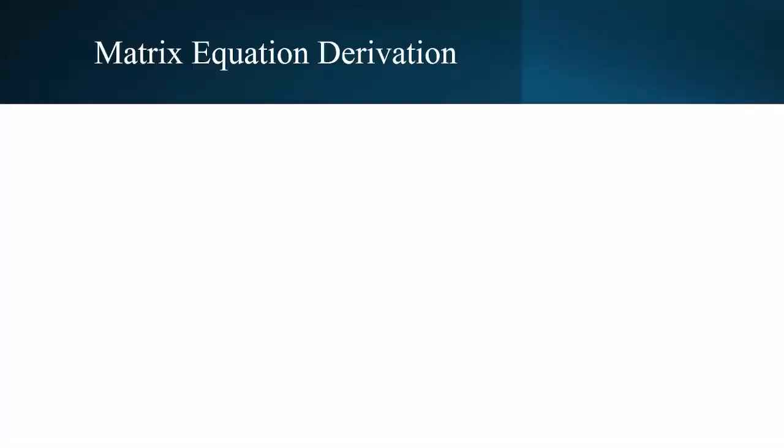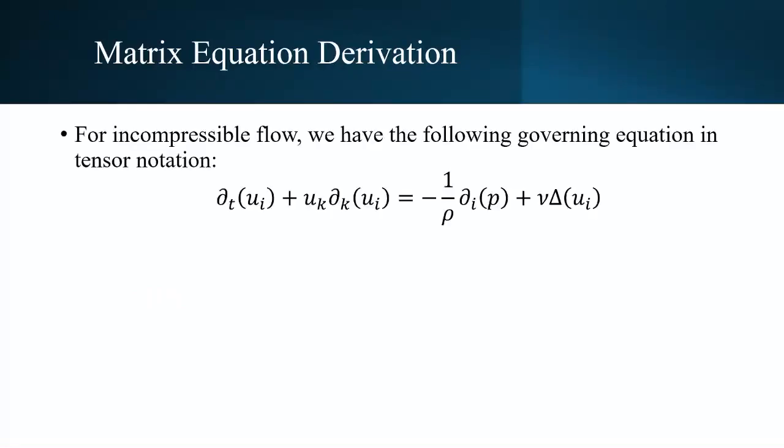And first, let's just derive this matrix governing equation. For incompressible flow, this is the Navier-Stokes equation in the tensor notation. Here, partial t is the simplified notation for partial over partial t, and partial t u_i plus u_k partial k of u_i.